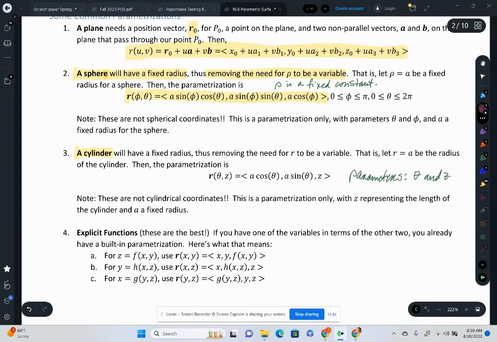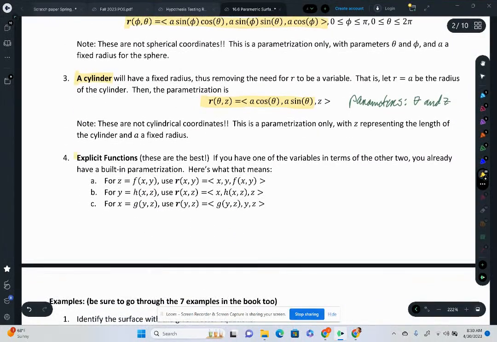All right, another common parametrization after the plane, sphere, and cylinder are explicit functions. And honestly, these truly are the best we can hope for. Now, we've used these words, explicit functions, a lot this semester, and my hope is that you all are on board with what an explicit function is. It just means that one of the variables is written as a function of the other variables, and it only shows up in that one place.